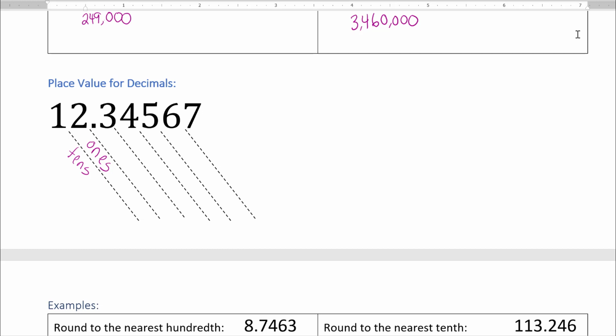So the .3 is in the tenths spot. The 4 is in the hundredths spot. So that's hundred with a TH, just like tenth is ten with a TH. The 5 is in the thousandths. Six is in the ten-thousandths.